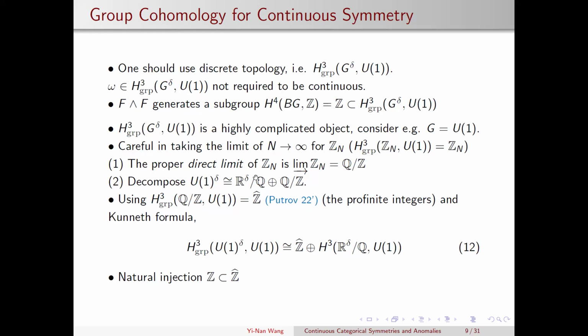What you want to do here to get a proper direct limit when n goes to infinity is actually the direct limit of Zn, and that will equal Q mod Z. I think Alonso asked this question just before. So this Q mod Z is a non-differentiable but still continuous symmetry group, as you see here.